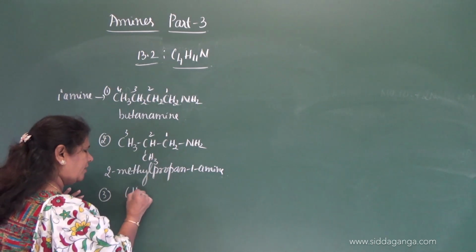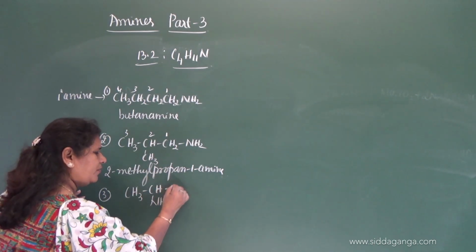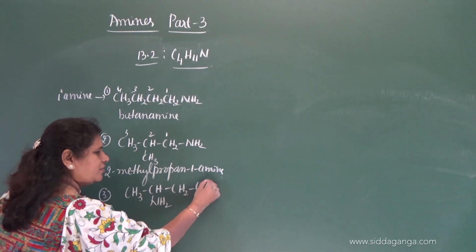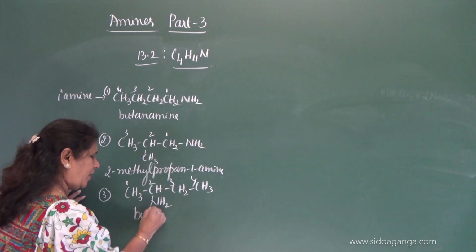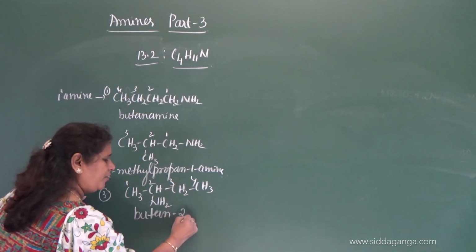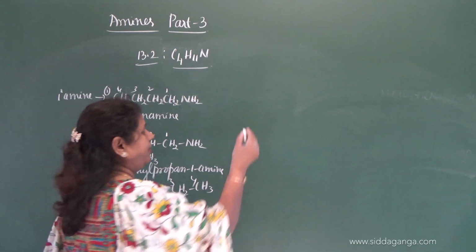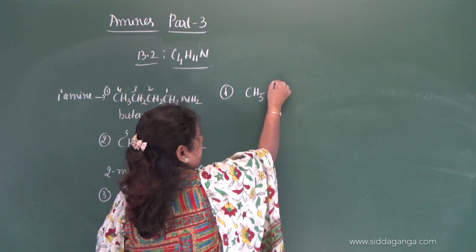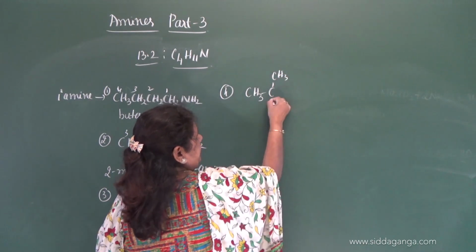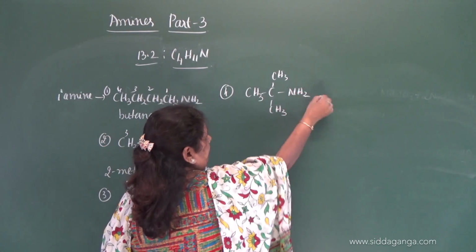Now third one, you can give CH3CHNH2CH2CH3, 1, 2, 3, 4, butane 2-amine, butan-2-amine. And the fourth one is CH3, CH3, CH3, NH2.